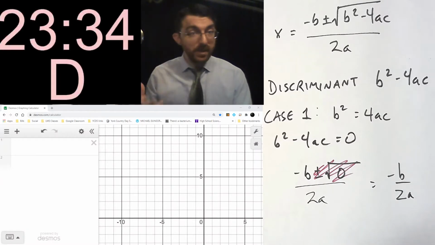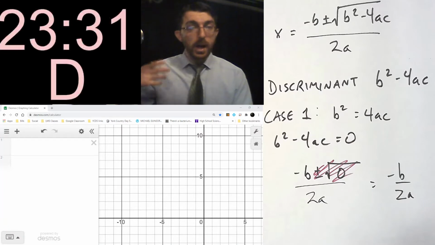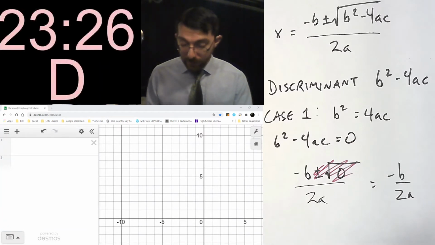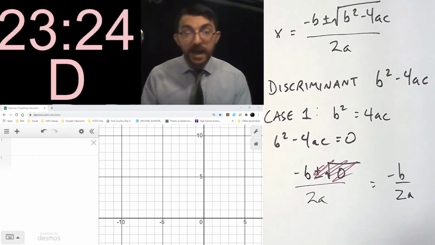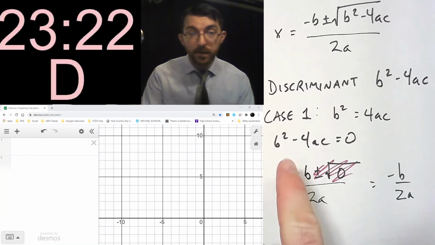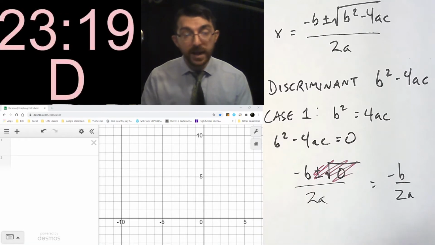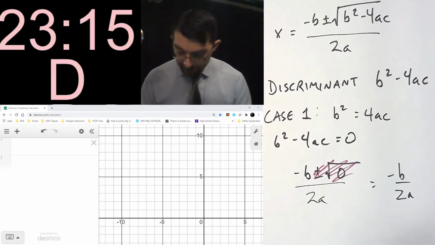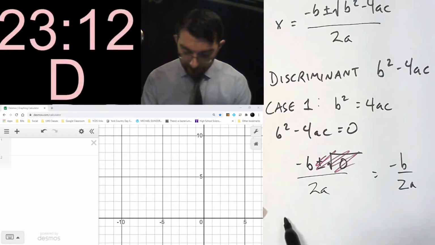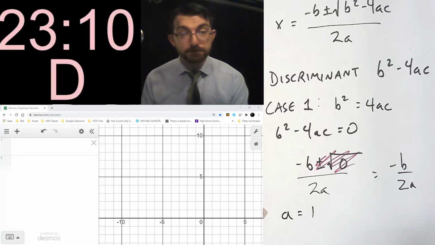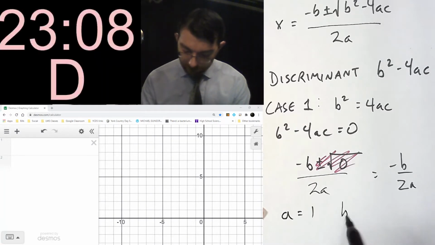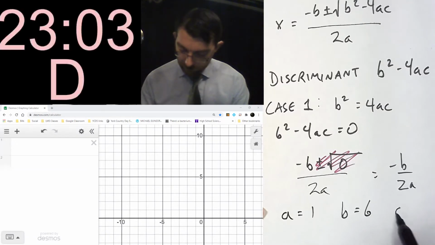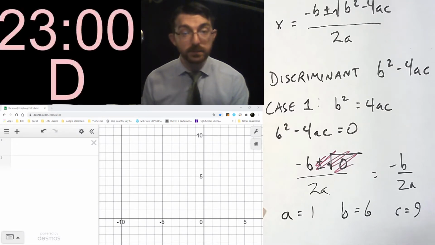So, in order to make this work, we just need to come up with the equation for some parabola where it is the case that b squared equals 4ac. And I can do that for you if, say, a equals 1, b equals 6, and c equals 9.